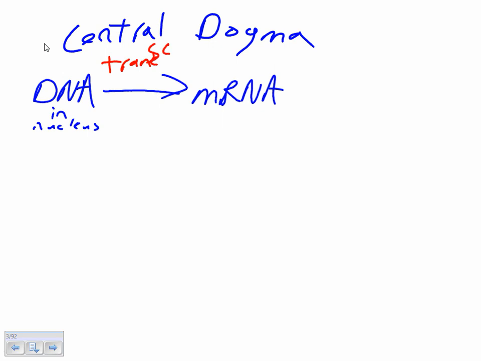Marker's a little off, I guess. That's transcription. And then the RNA leaves the nucleus and goes to where? The ribosomes, where it's used to make protein. And that process we call translation.